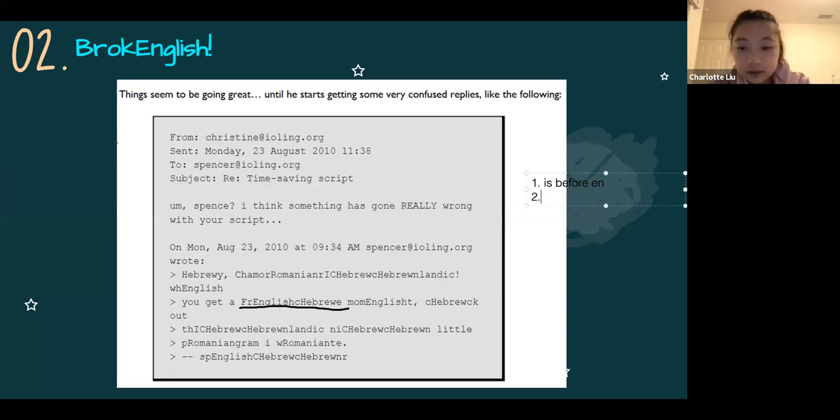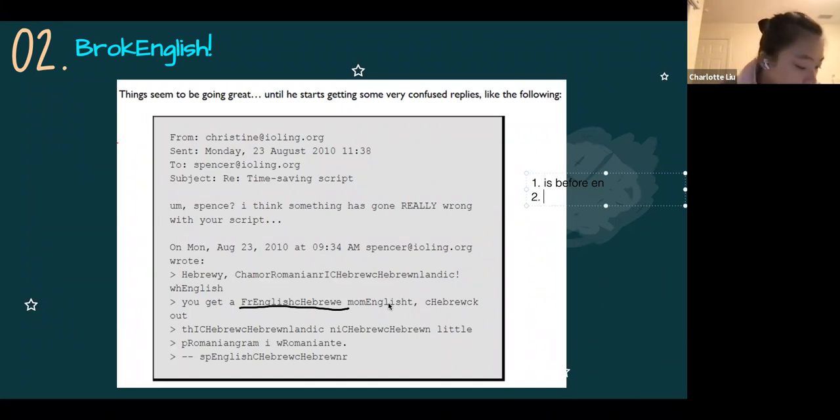Okay, and then another thing we can notice is that for Hebrew, from C to the H of Hebrew, you could have substituted CH tomorrow.